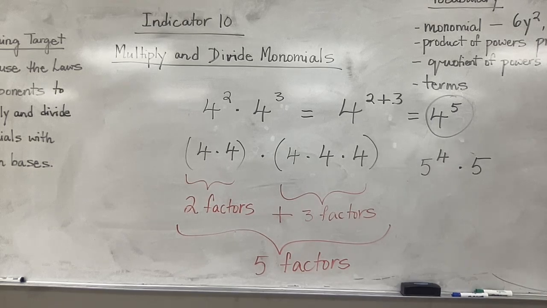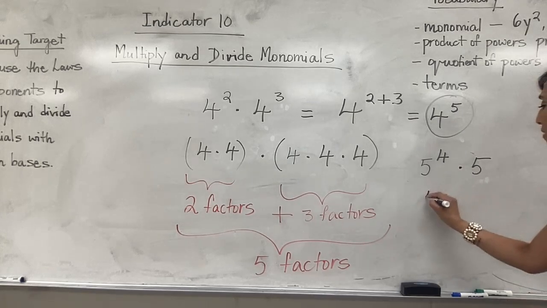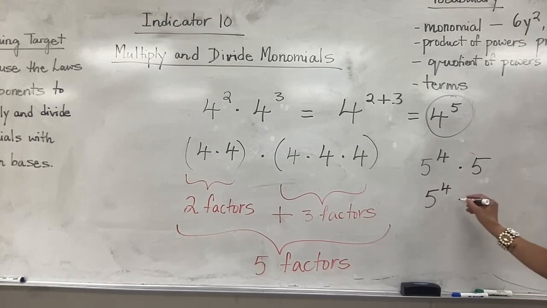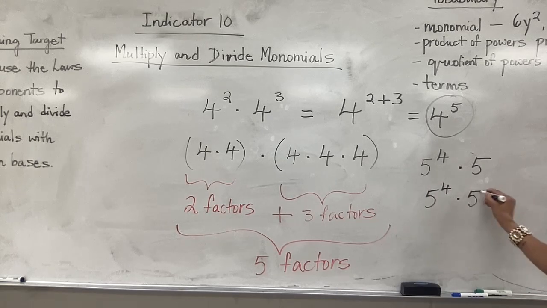So I have 5 to the 4th power times 5 to the 1st. So this is going to be what? There is nothing there. So that means how many 5s do I have? I have 1, right? So this is actually 5 to the 4th power times 5 to the 1st power.